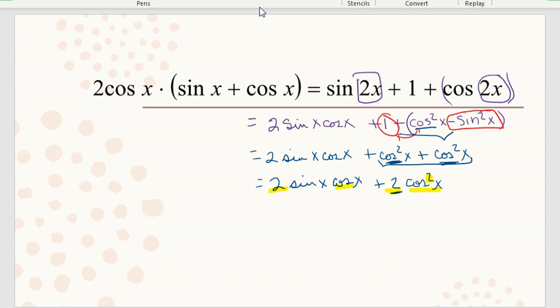Cosine squared means cosine times cosine. And the reason I highlighted that is I kind of had glanced back over here and went, whoa, according to this rule, I need to be able to factor out a 2 cosine. Well, I see a 2 cosine in the whole thing. So 2 cosine x times sine x, because 2 cosine x times sine x gives me that first piece, plus, well, what would be left out of this if the 2 went up front and one of the cosines?